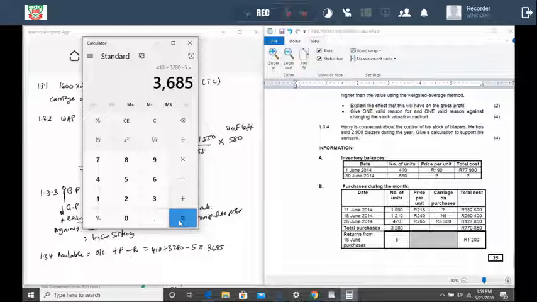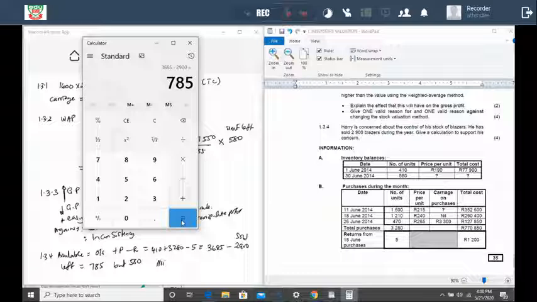Okay, now he sold 2,900. If he sold that, he's supposed to be left with 785, but he's left with 580.